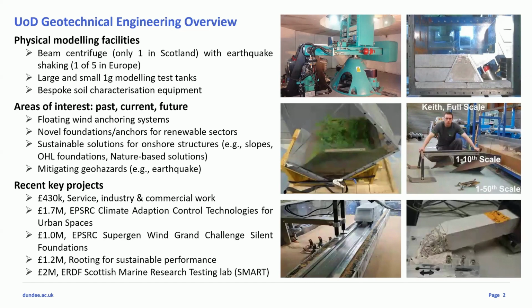Of course, we are also doing some onshore structures. Some people are doing slopes, and also nature-based solutions like the interaction between soil and vegetation for slopes. Those are some key projects we had in recent years. So this is a very quick overview of UoD geotech.